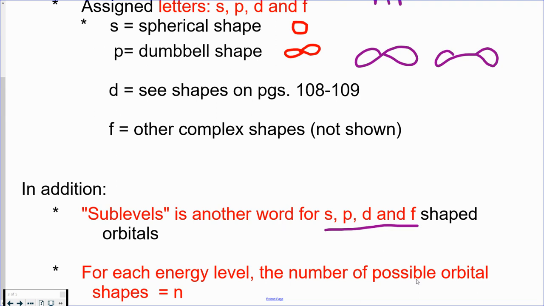For each energy level, the possible number of orbitals is n. So as you go up energy levels, you get more space, which means there can be more apartments. On the 4th energy level, you can have all 4 shells or subshells.